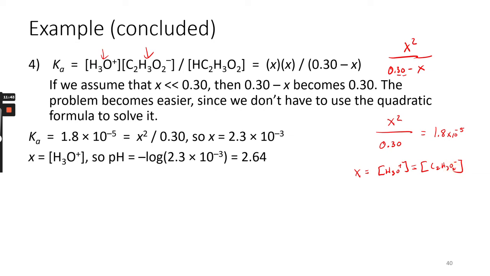The hydronium is what we need to get our pH. So when we do that, we get that x is equal to 2.3 times 10 to the minus 3. So in order to get the pH, you take the negative log of your hydronium concentration. And there are 2 sig figs here, so you'll have 2 decimal places for your pH. Way different than just taking the negative log of 0.3, okay?